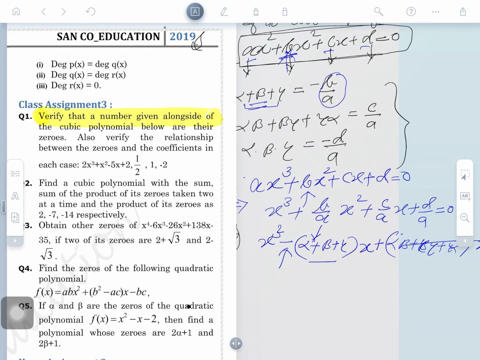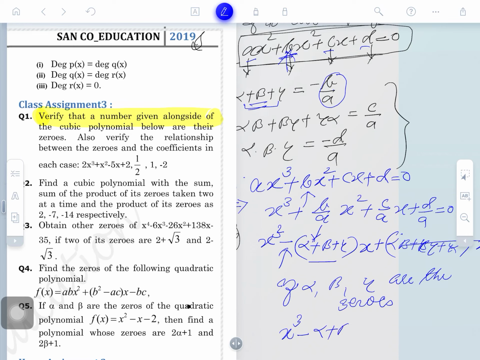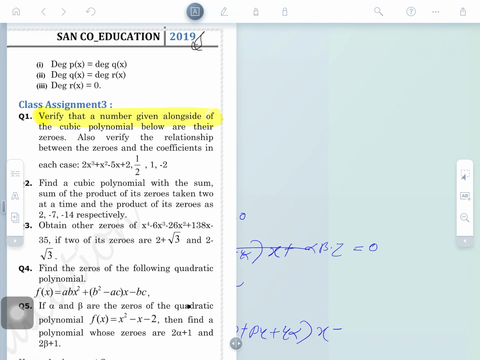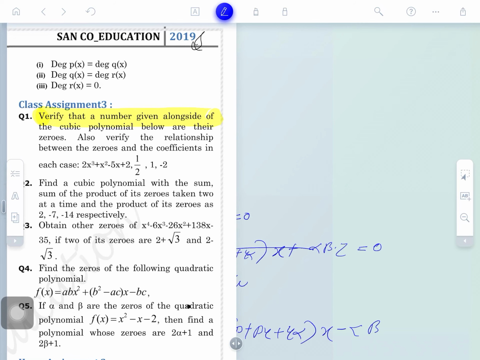Means the conclusion is, if alpha, beta, gamma are the zeros, then the polynomial will be x cube minus their sum, x square, plus their sum of products, x, and at the last you will write their product, right.